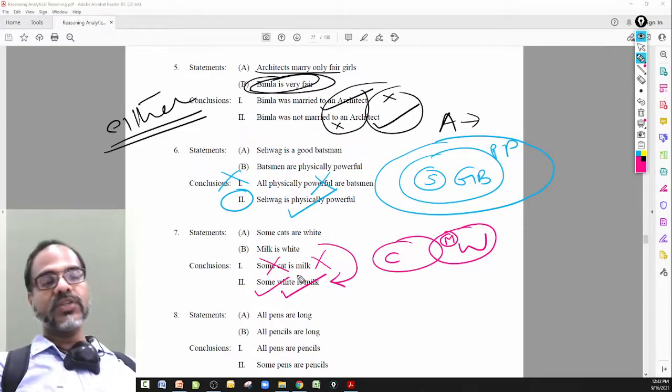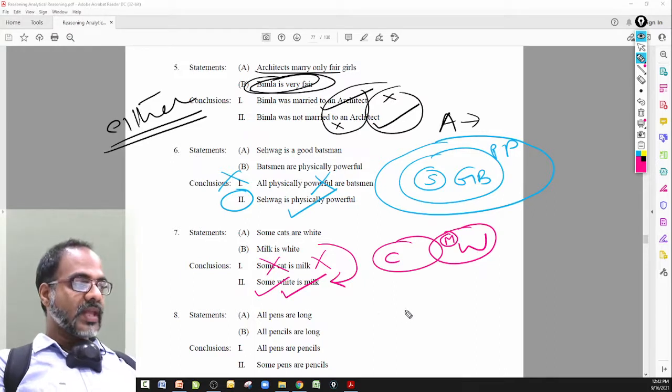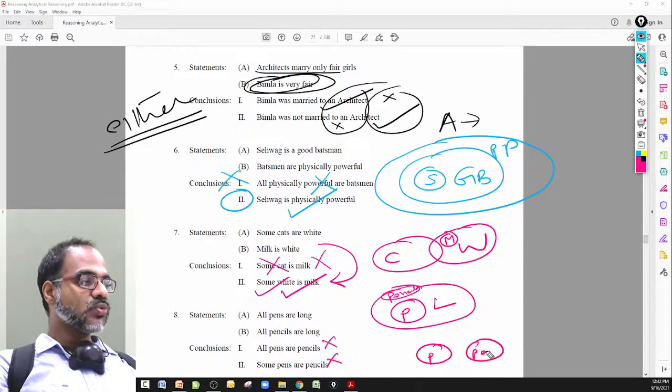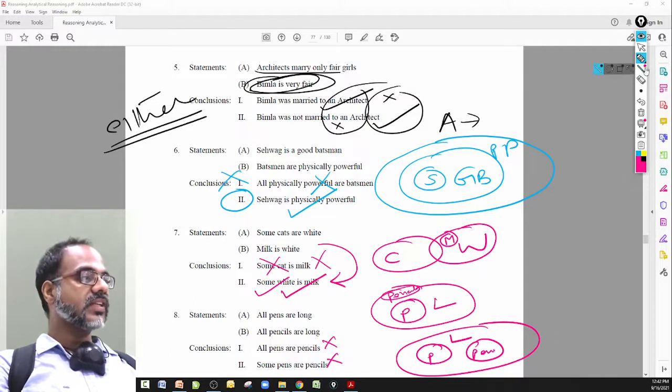Second can be derived using the second statement alone. Eighth one says all pens are long and all pencils are long. So pens and pencils may not intersect, so all and some, neither one of them can reasonably be concluded, because I can draw pens and pencils as two separate sets, and while both are long, they may not intersect with each other.